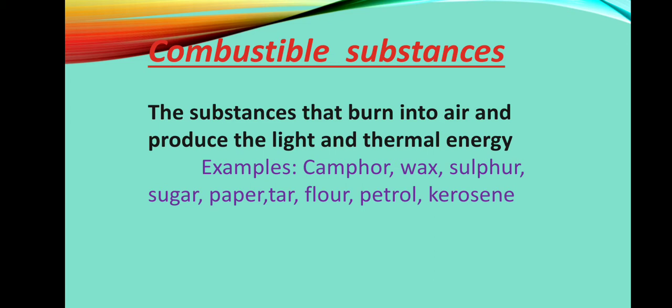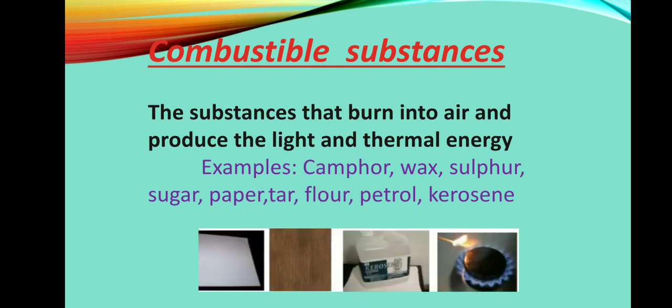That means an object that can burn. While burning, two energies are produced: chemical energy is converted to light energy and thermal energy. Examples of combustible substances are camphor, wax, sulfur, sugar, a piece of paper, and tar.